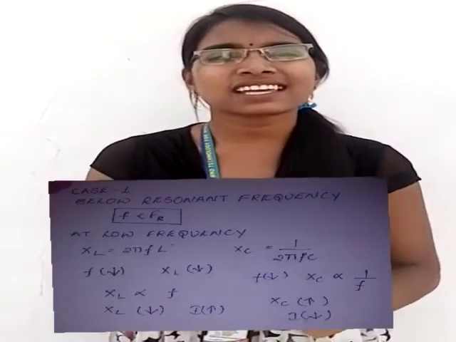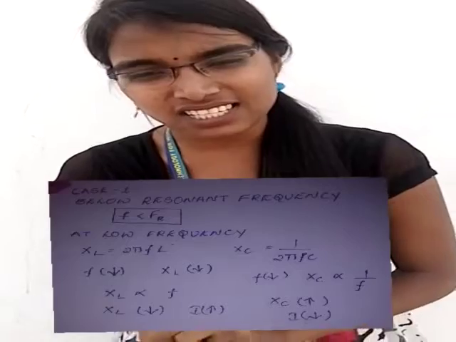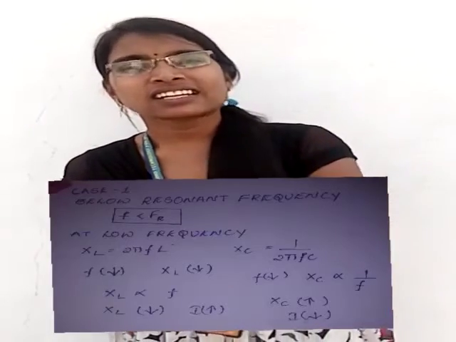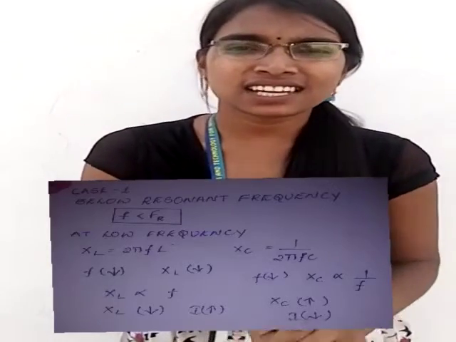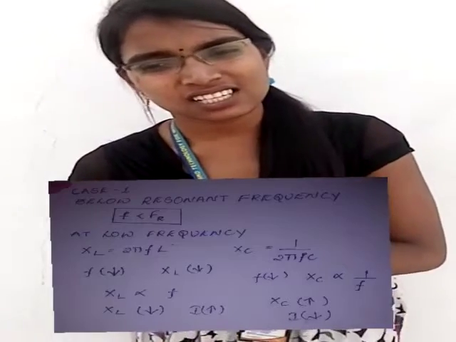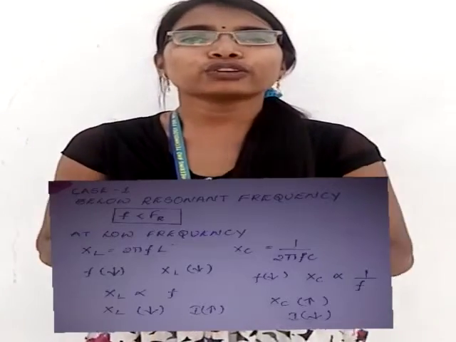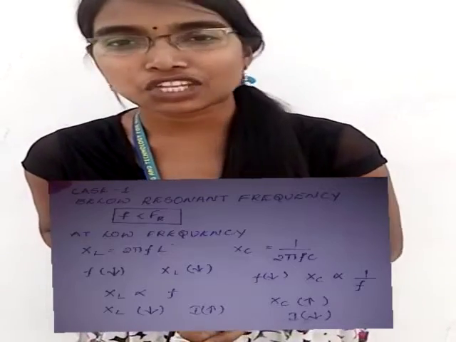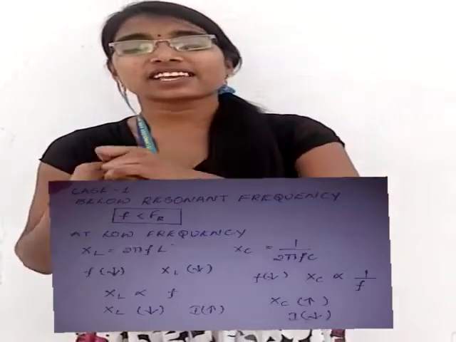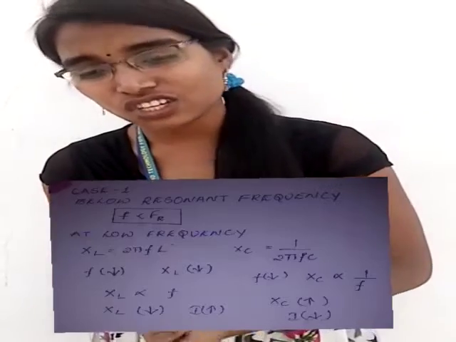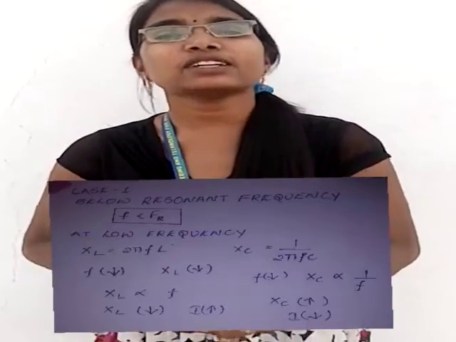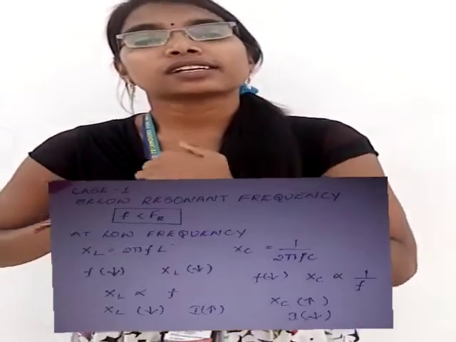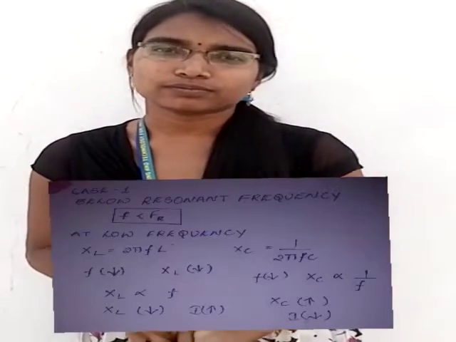Where XL is increased, current is decreased, whereas when XL is decreased, current increases. So, below the resonance frequency, the circuit is purely capacitive in nature. Since the circuit is capacitive in nature, the current leads the voltage by pi by 2.